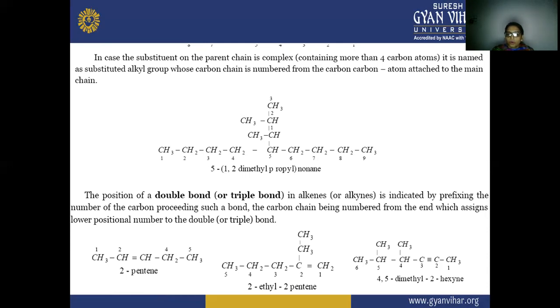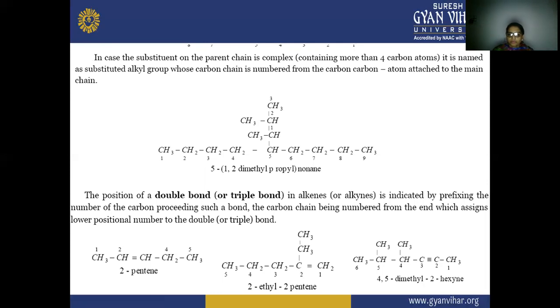Position of the double bond or triple bond in alkene or alkyne is indicated by suffixing the number of the carbon preceding such a bond, the carbon chain being numbered from the end which assigns the lower positional number to the double or the triple bond.